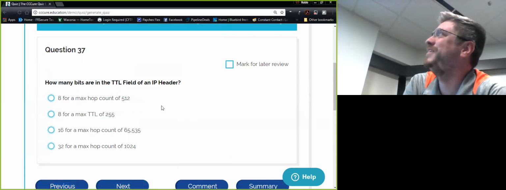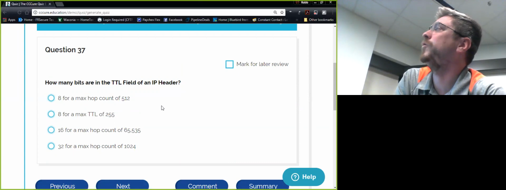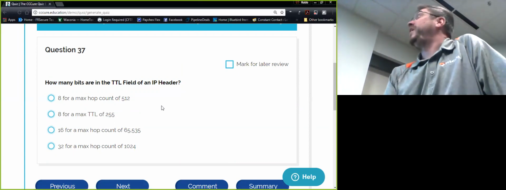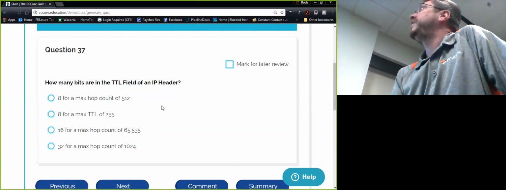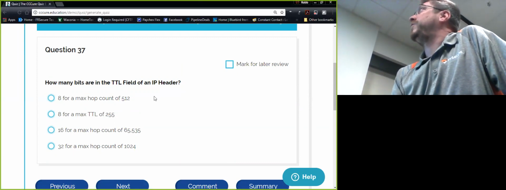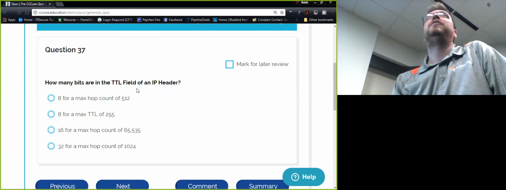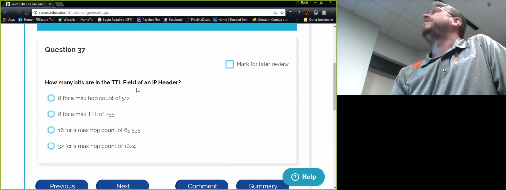How many bits are in the TTL field of an IP header? Holy, I have no idea. Let's see, 8 for a max hop count of 255. Well, it's not hop count because we're looking at time to live, right? Yeah, well, no, because it would be how many bits.